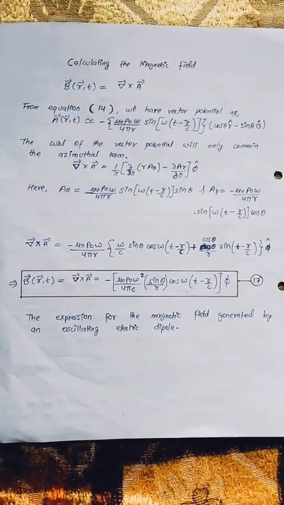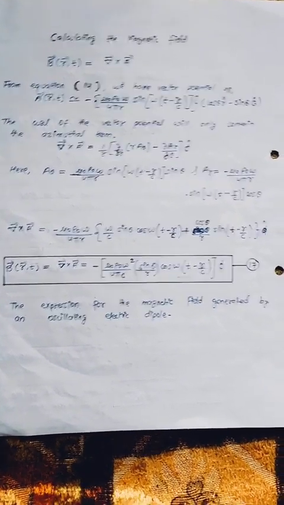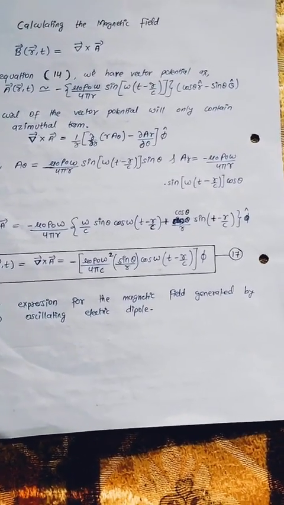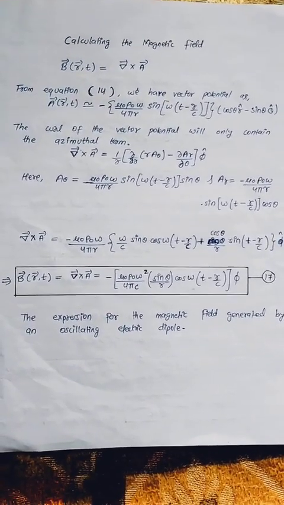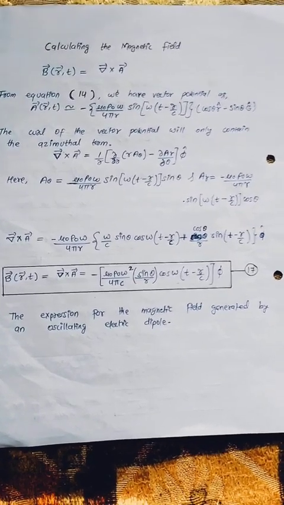Similarly, calculating the magnetic field, which is the curl of the vector A. From equation 14 we have the scalar potential equation.